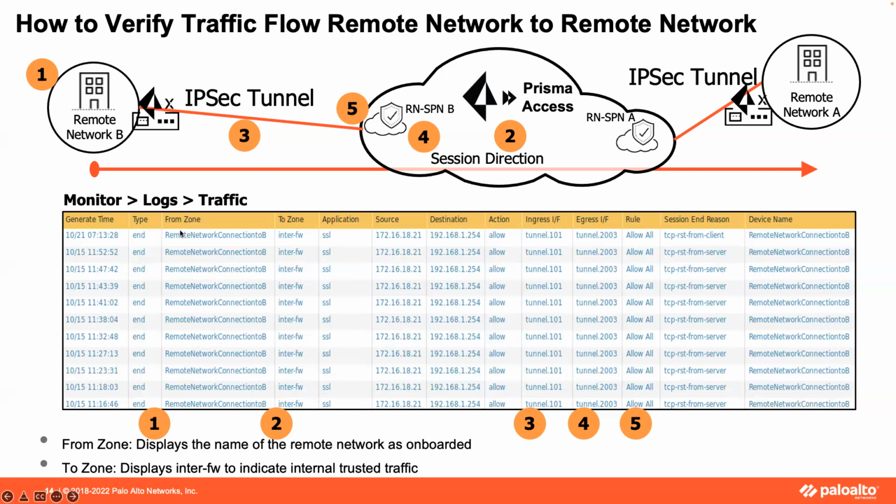So what this is telling me is I've got traffic from network B staying in Prisma Access. I'm not going out to the nasty old internet. I got an application, I got source and destination IP addresses, I got interfaces that I can add if I want to that give me tunnel IDs. It gives me a rule and a session end reason. So in this case, it's a reset from client, reset to server.